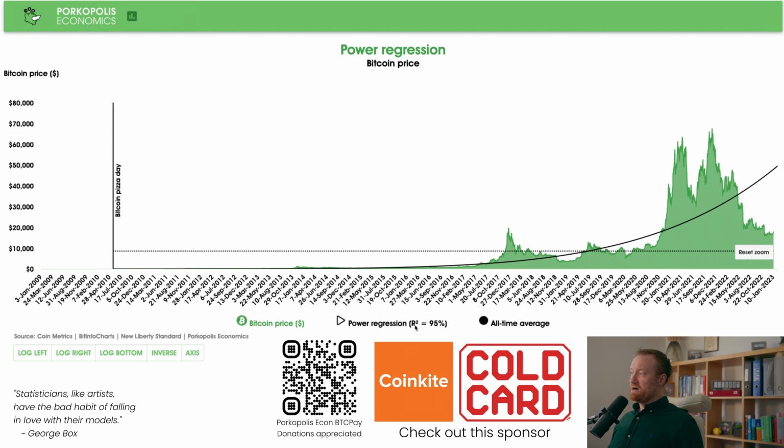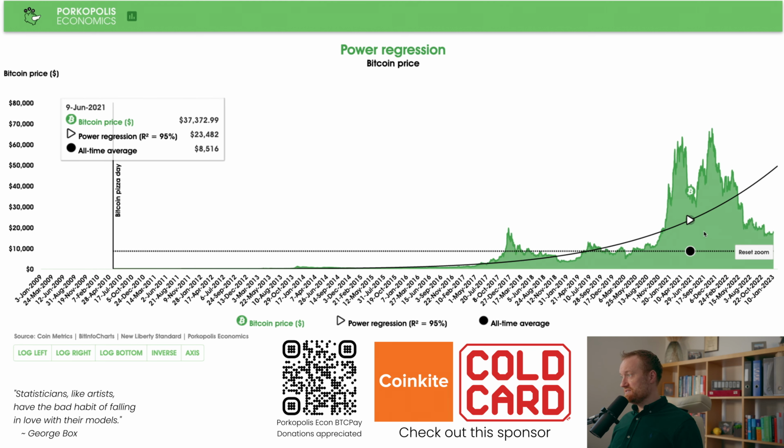So if you put the power curve back in and we compare it, it certainly does appear that the Bitcoin price behaves very well around this trend line, and the variance of the price around the trend line certainly is better than the variance around the mean, as has been the case with the linear, logarithmic, and exponential curves.